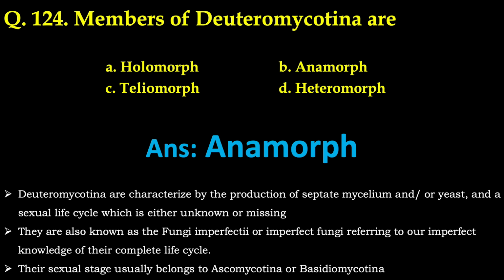They are also known as the fungi imperfecti or imperfect fungi, referring to our imperfect knowledge of their complete life cycle. Their sexual stage usually belongs to Ascomycotina or Basidiomycotina.